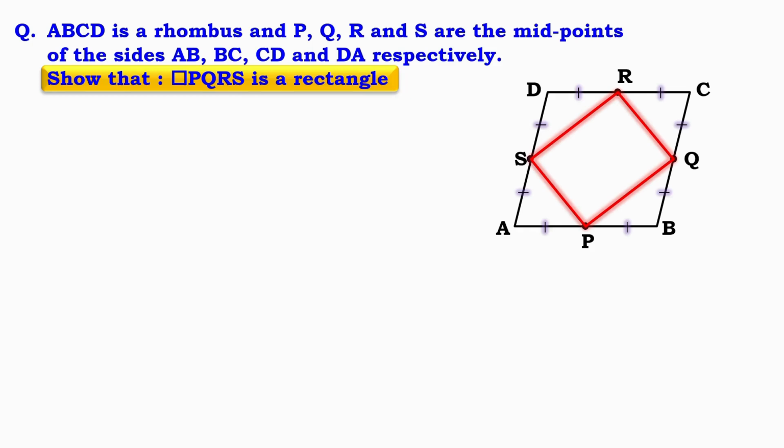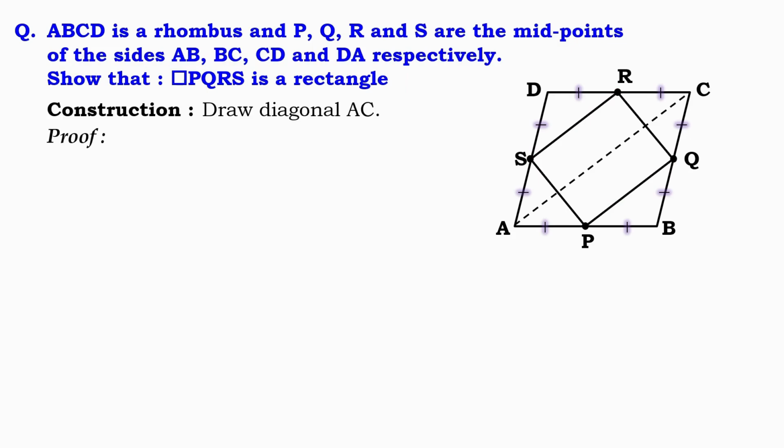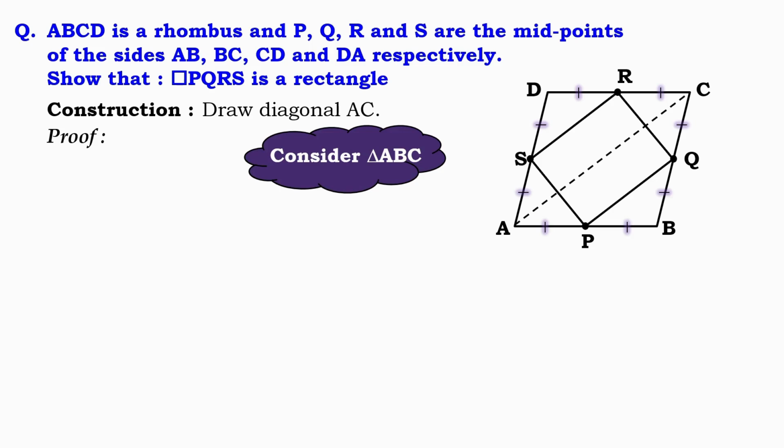We need to prove that PQRS is a rectangle. So let's first join. Here we need to do a construction, that is join the points A and C. That is going to be the diagonal, so just draw the diagonal AC. Now what will be the proof? How to prove it? Now consider triangle ABC.